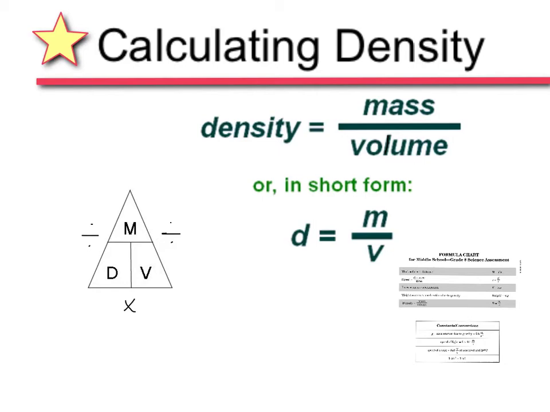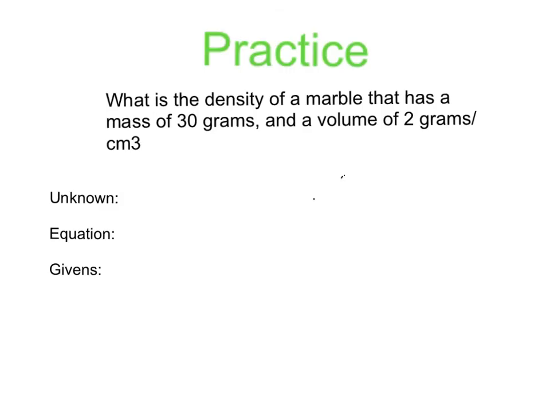Okay, great. Let's practice. What is the density of a marble that has a mass of 30 grams and a volume of 2 grams per centimeter cubed? So let's identify what we know. We know it's asking about the marble, and we know that it has a mass of 30 grams.